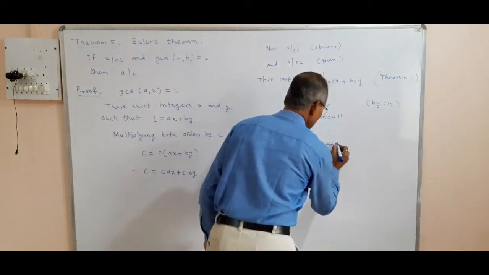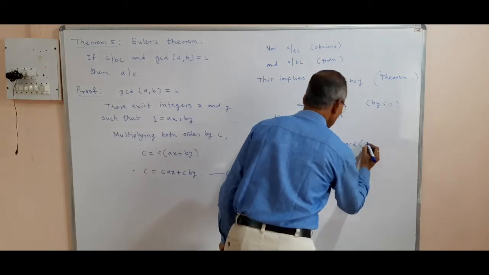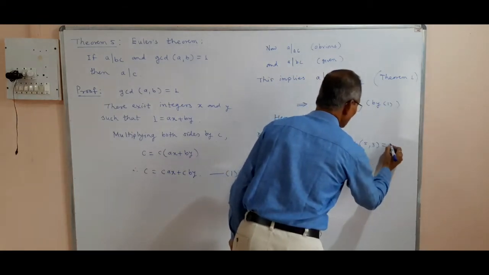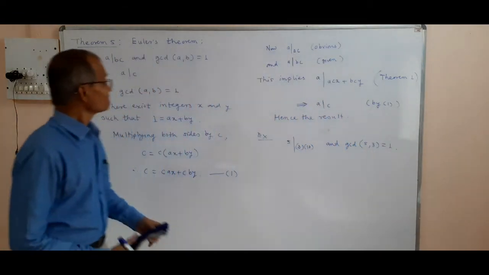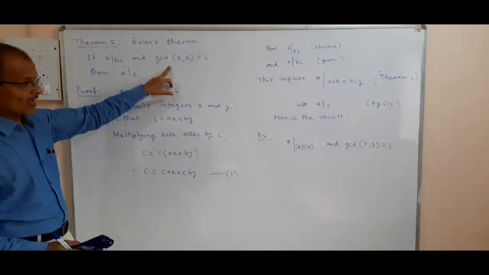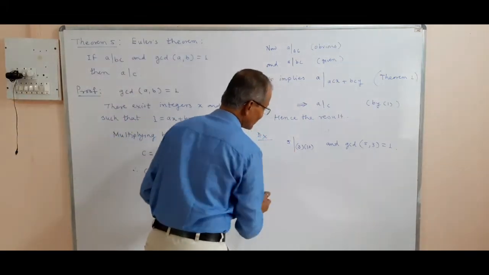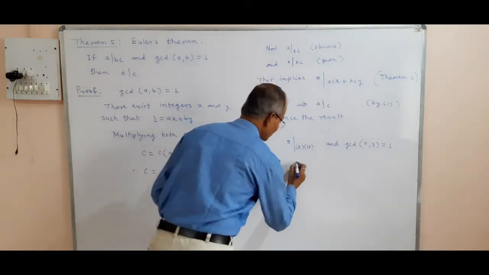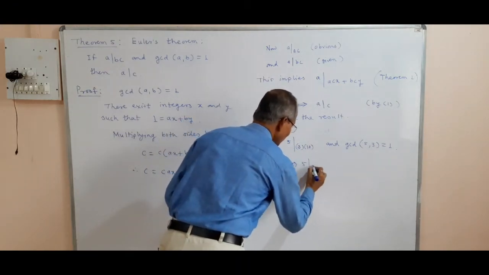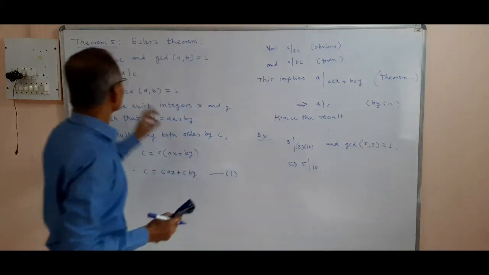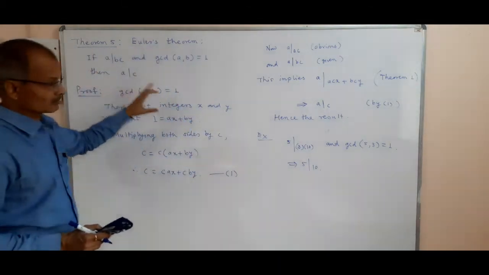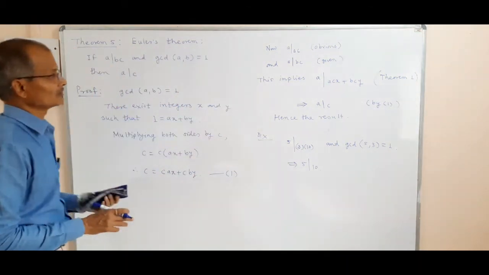GCD of 5 and 3 is equal to 1. See the verification of this. Therefore this must imply, if 5 does not divide 3, it must divide 10. So this implies 5 divides 10. It is obvious. So A divides C. So this is an example for the result.